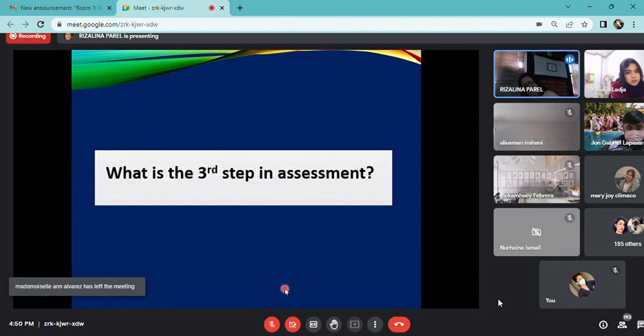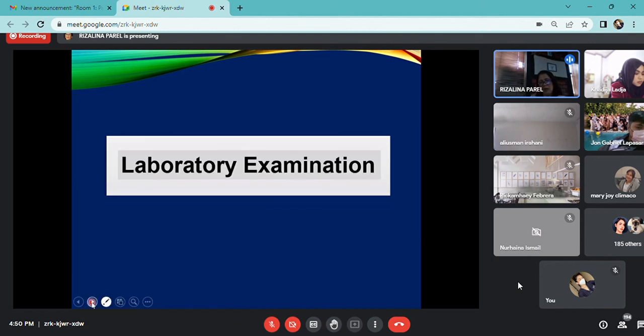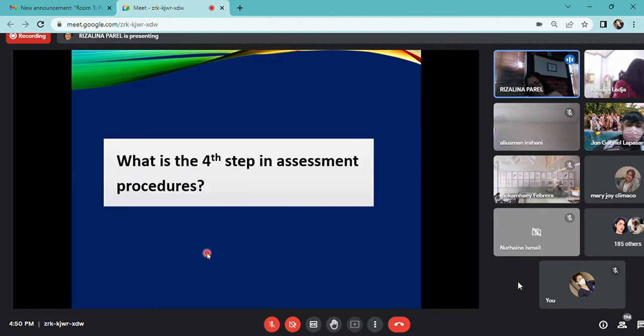Okay, what is the third step in assessment? So ano nga ba yung third step na to? After ng ating visual examination, bedside assessment, and then yun na, kailangan ng laboratory exam siya using our mga laboratory tests like EKG, ECG, kung tayo ang gumagawa nun. And what is the fourth step in assessment procedures?